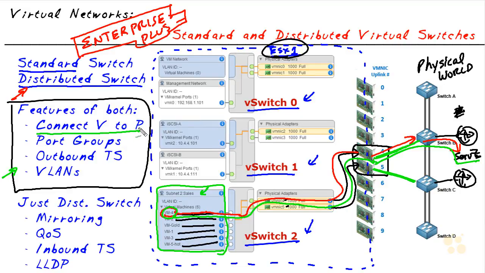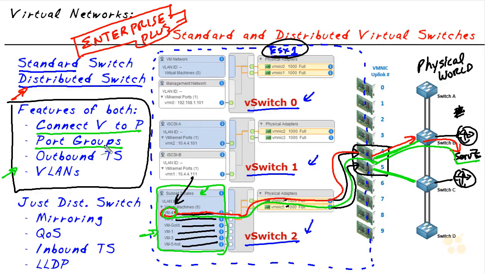Well, V2P is virtual to physical. So in our example, we have VM number 4, which is a virtual machine, which is logically connected to a virtual switch, but going through the uplink out to the physical world gets physical connectivity through the plumbing, through that network connection. So regardless of whether we're using a standard or distributed switch, either one is going to provide us that connectivity between the virtual and physical worlds.